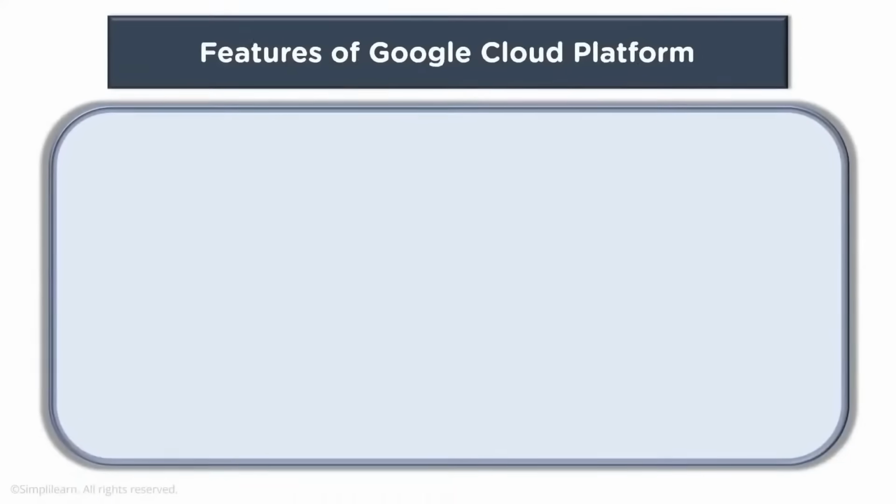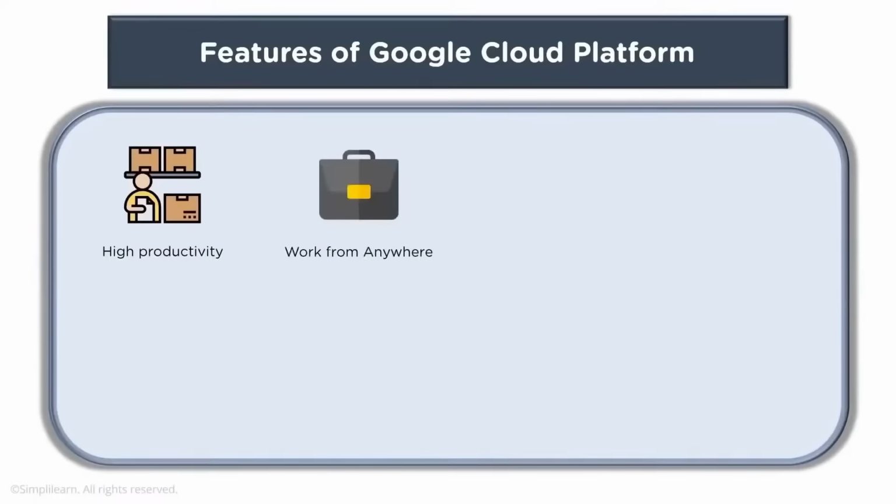When we talk about features of Google Cloud Platform, it offers high productivity because you are using resources based on the same infrastructure which Google uses for its own use cases. You can work from anywhere provided you have an internet connection, and you can connect to the cloud platform and use different services offered via web. You can quickly collaborate with different teams or colleagues working on different projects which might be sharing or using different GCP resources.